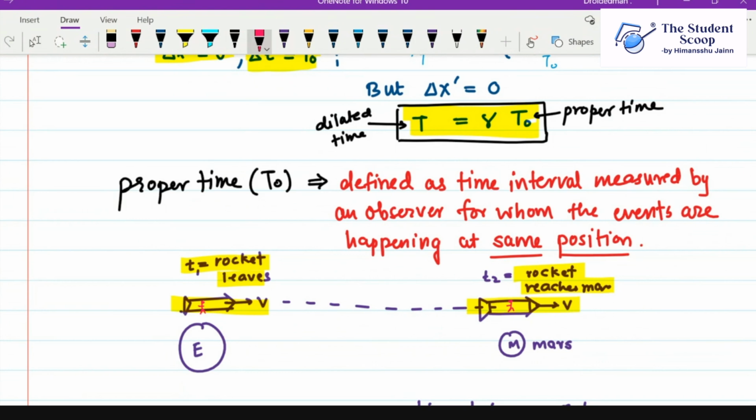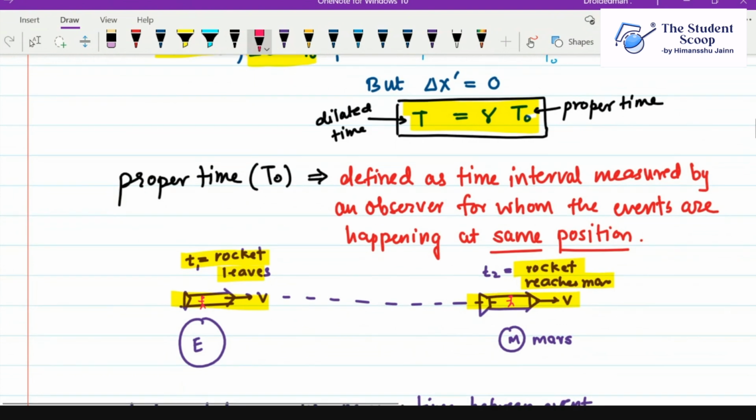For him, the events are happening at the same position as the scale is also moving with him. That's the reason why the person in the rocket will measure proper time and the person on Earth and Mars will measure a dilated time.